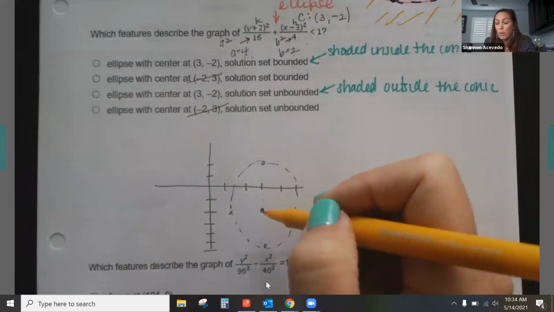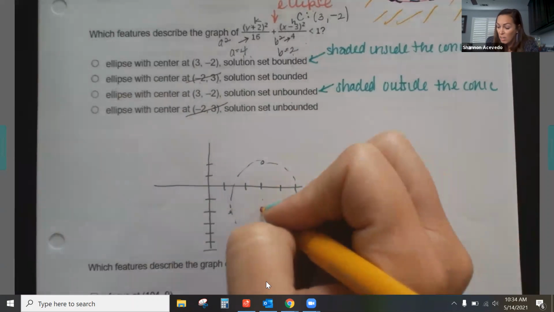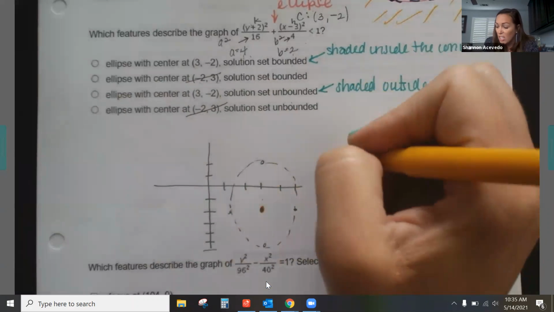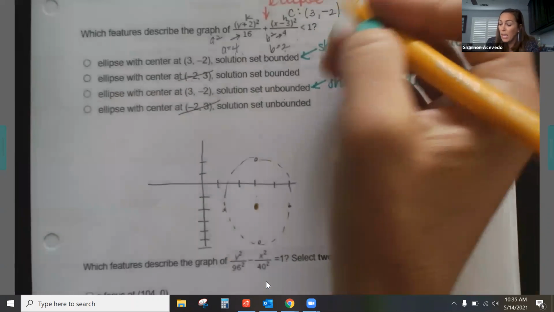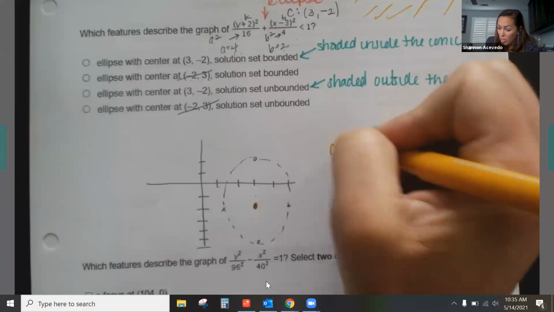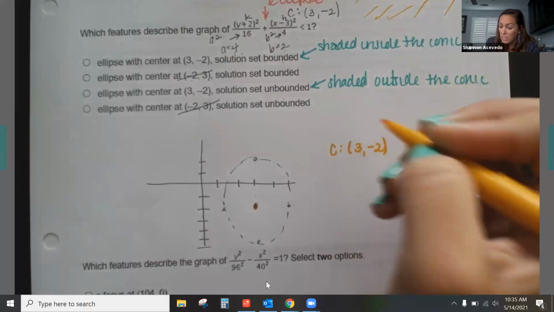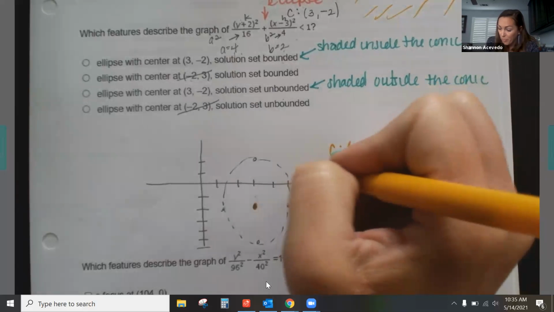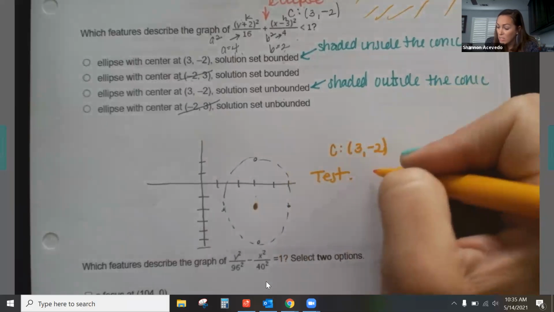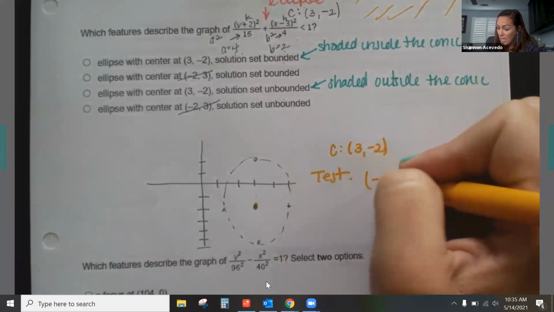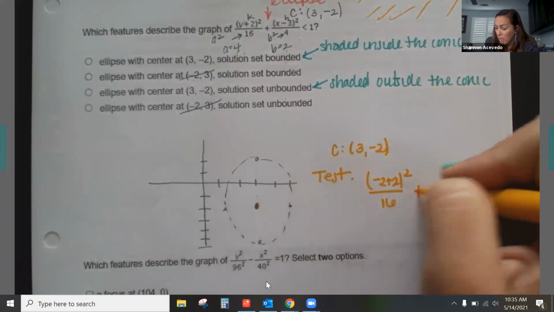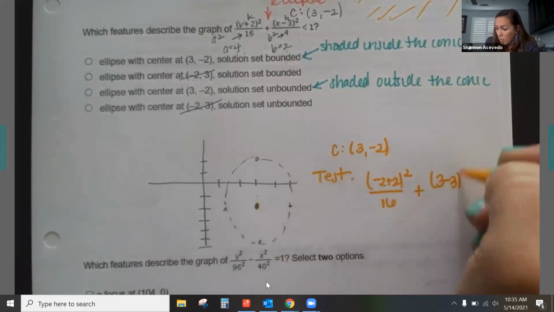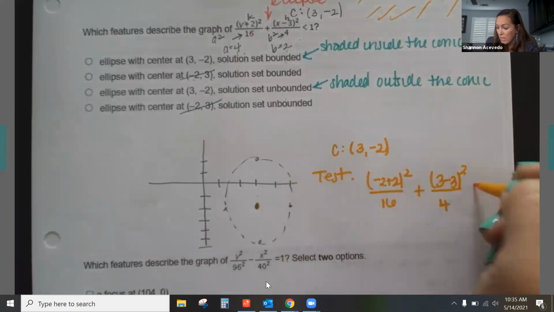An easy test point, when I have a center here, is that center, or again, I can always use my 0, 0. Remember, if my center is at 3, -2 and I use that as my test point, then it's going to be -2 plus 2 squared all over 16, plus 3 minus 3 squared all over 4, is less than 1.